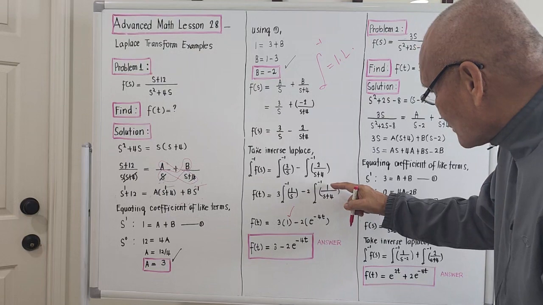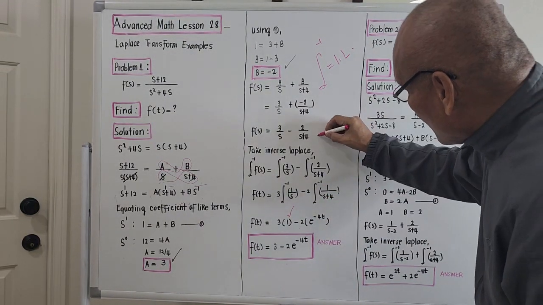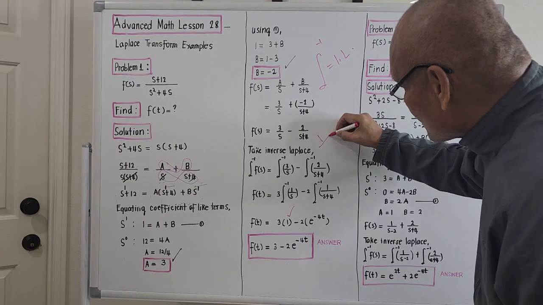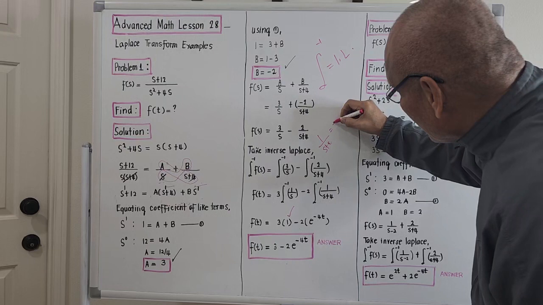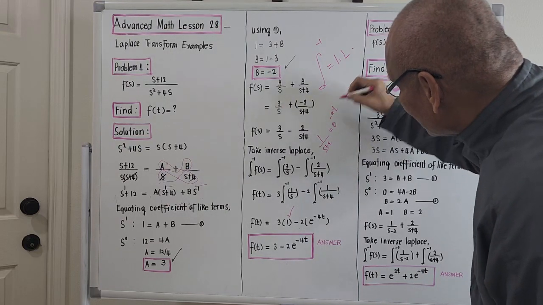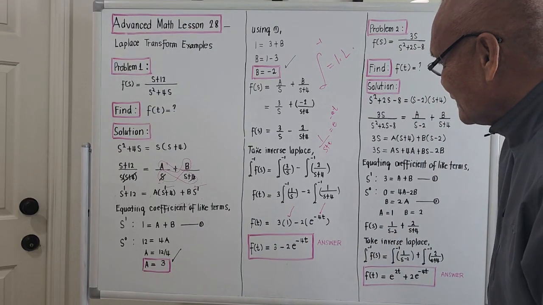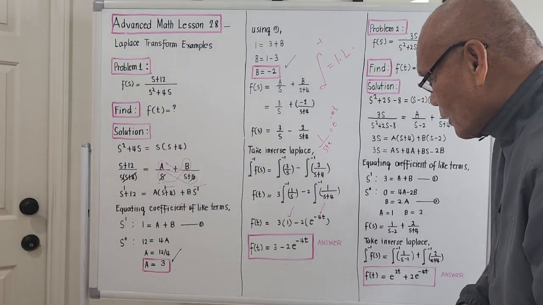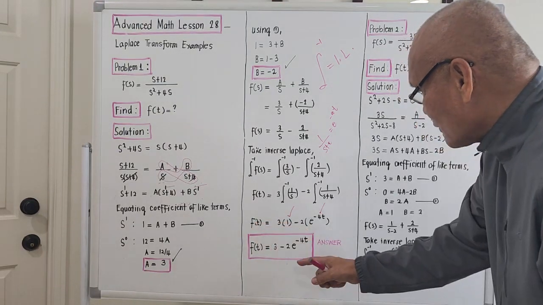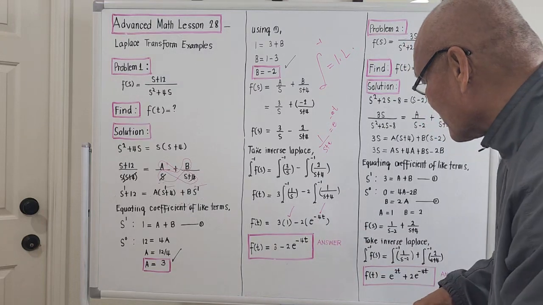And the inverse Laplace of 1 over S plus 4 is actually e raised to minus 4t. In general, the inverse Laplace of 1 over S plus a is actually e raised to minus at. Right? So this is negative. Right? So our final answer now, small letter f as a function of t should be equal to 3 minus 2 e raised to minus 4t. Our final answer.